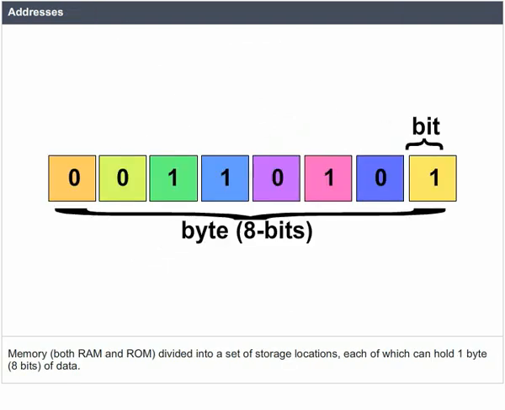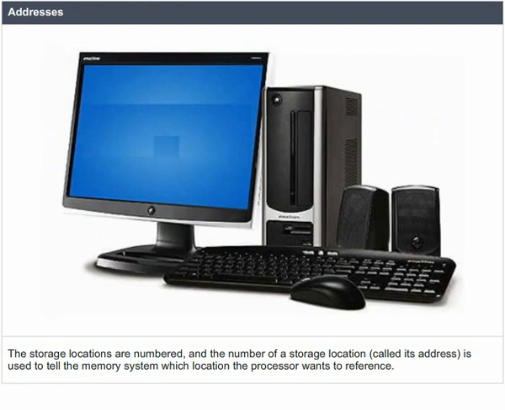Addresses. Memory, both RAM and ROM, is divided into a set of storage locations, each of which can hold 1 byte, that is 8 bits of data. The storage locations are numbered, and the number of a storage location, called its address, is used to tell the memory system which location the processor wants to reference.